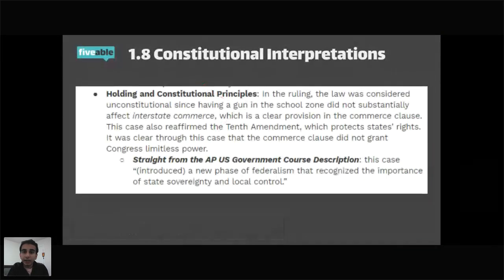Basically, they ruled on the side of the kid with the gun. They said that because the federal government didn't have the power to legislate under the Commerce Clause to that extent, because the school zone really isn't interstate commerce, and having a gun in the school zone doesn't affect interstate commerce, that law, the law that said he couldn't have that gun, was unconstitutional. So it went in favor of the kid. Does that make sense?